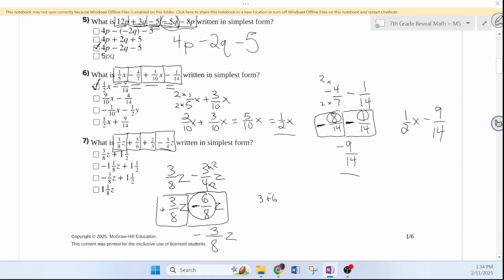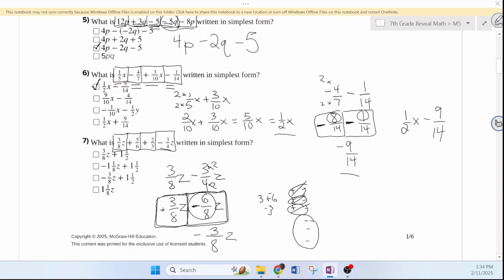Now you have 3 plus -6. Positive 3, 3 positives, 6 negatives. Positives cancel out the negatives, so you're left with -3. Same thing. We have 3/8 and -6/8, so that simplifies down to -3/8 z.